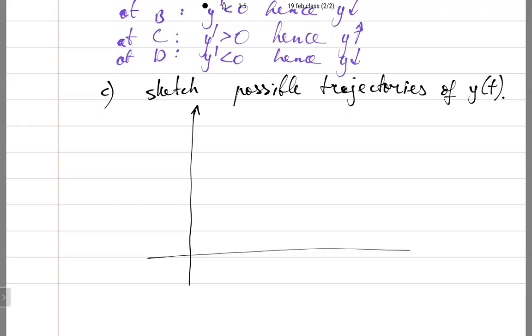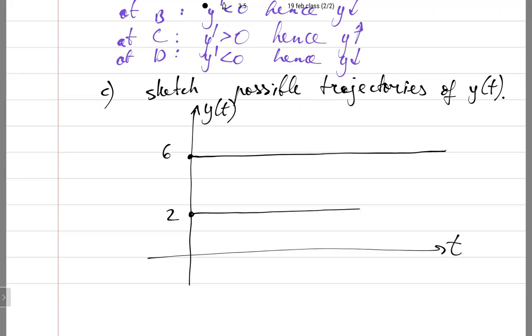So I will have t on the horizontal axis, y of t on vertical axis, and I know that there are 3 equilibria. If I start at y equal to 6, y will remain constant. If I start at y equal to 2, y will remain constant. It's also a possible trajectory. If I start exactly at 0, my y will remain constant.